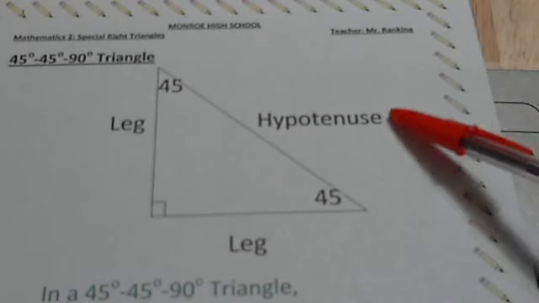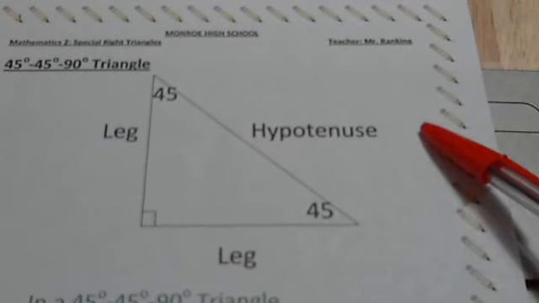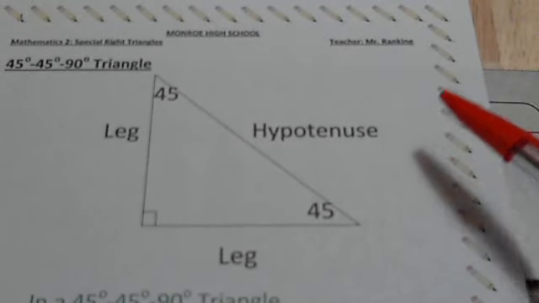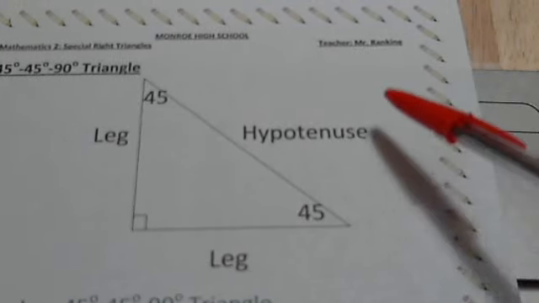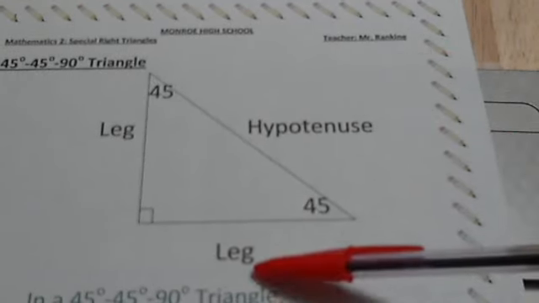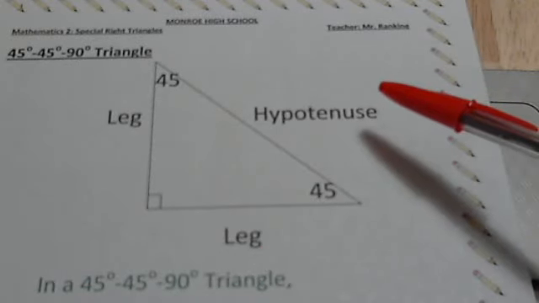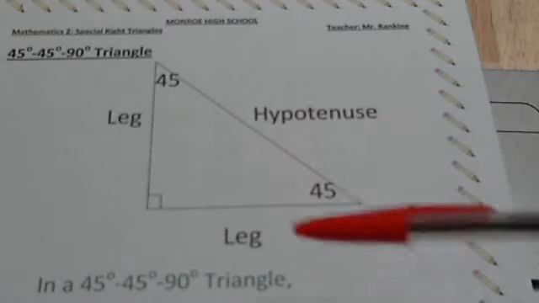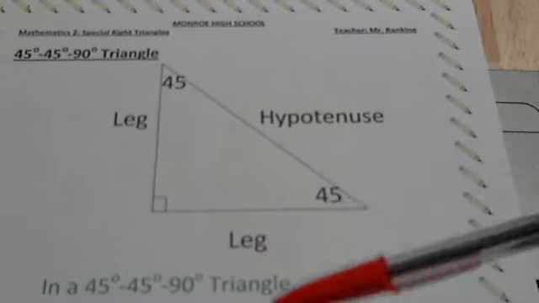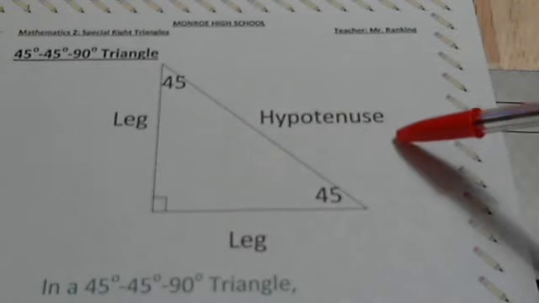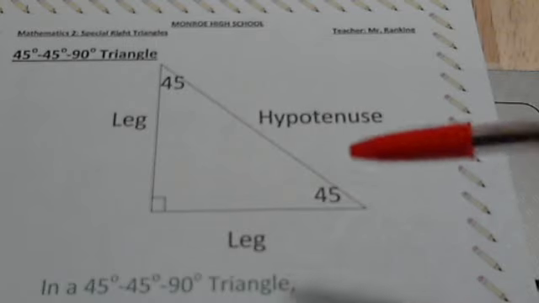The hypotenuse is here. So, what is the length of the hypotenuse? You should be able to get that from what we just did. The hypotenuse is equal to the length of the leg times the square root of 2. Get it? So if you know the length of the leg, multiply by the square root of 2, you get the hypotenuse. It does not matter what number you use.